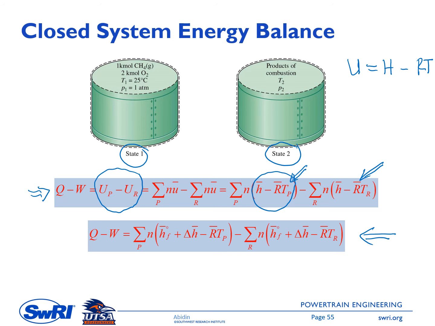On the left side we have Q and W. On the right side we have this energy flow for product, and this one is the energy flow for the reactant.